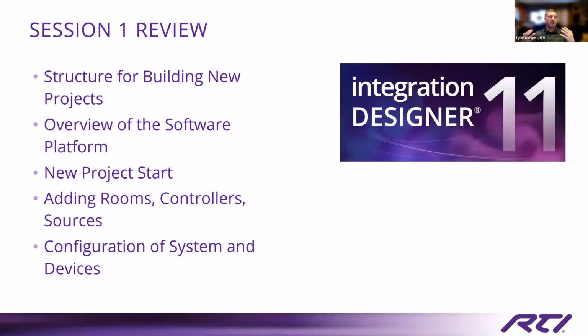So we talked about adding, how that structure was based on rooms and controllers and sources when all those met. And then we went through the entire configuration of the system and all the different devices. I know I skimmed through a few things, but keep in mind that we have quite a robust training curriculum available on RTI Excel that goes into depth on each one of those specific tabs available in the types of system and devices, as well as things like Zigbee and understanding what Zigbee is.